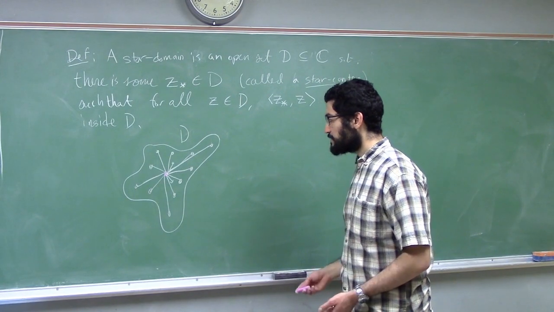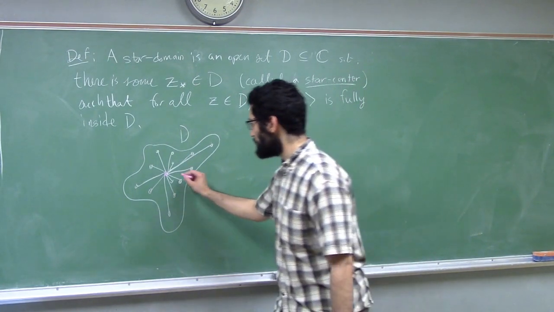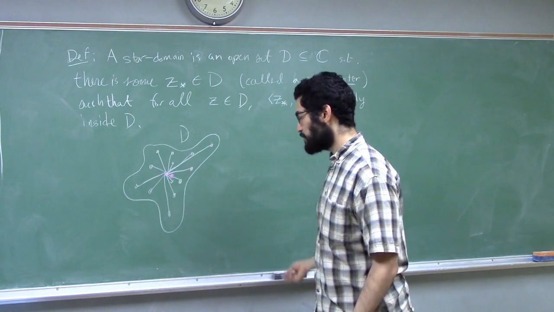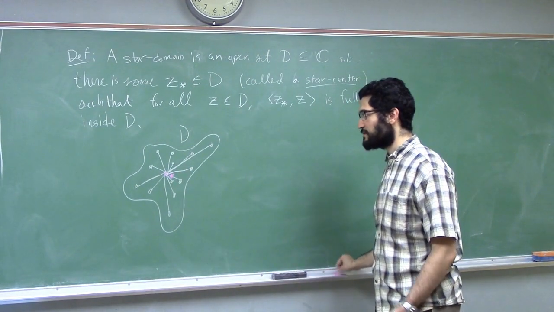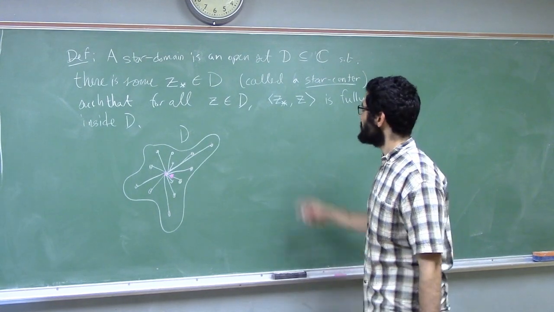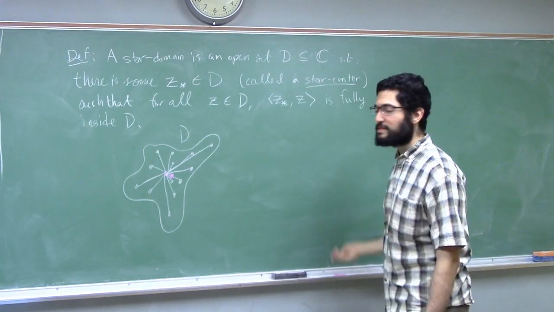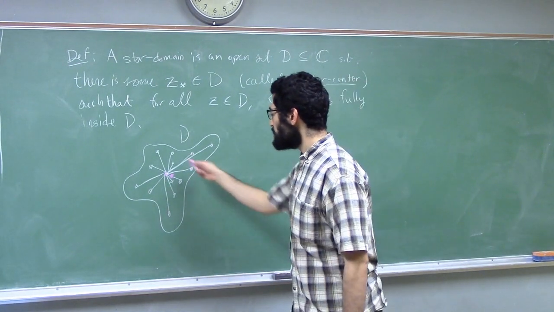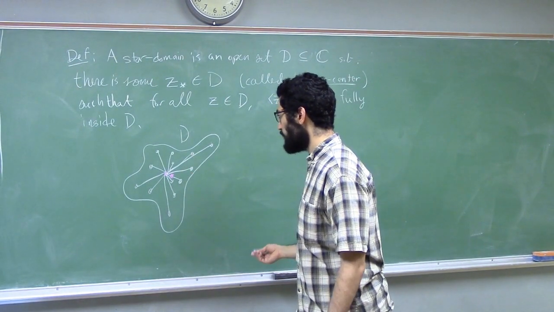That pink point is not the only star center, so you could imagine if I had chosen some other pink point close to it, that could also have served as a star center. So star centers definitely do not have to be unique. That's why we say a star center, not the star center. But also, only some points are star centers, some points are not.